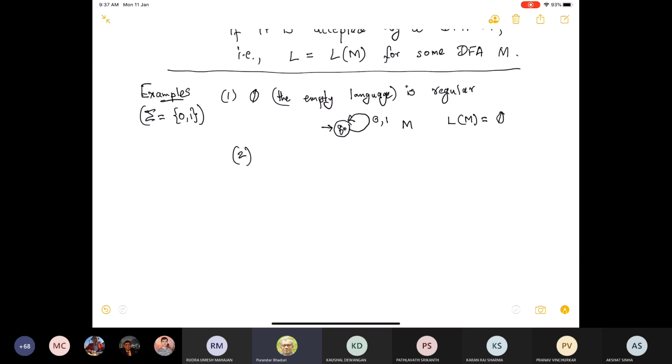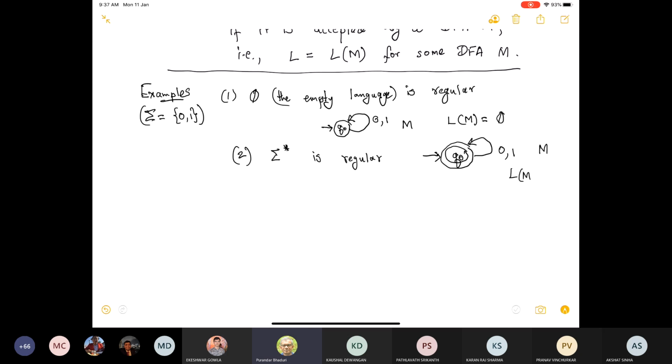Similarly, sigma star, the set of all strings over this alphabet, is regular. And you have to make only a small change: make this state initial as well as final, okay?